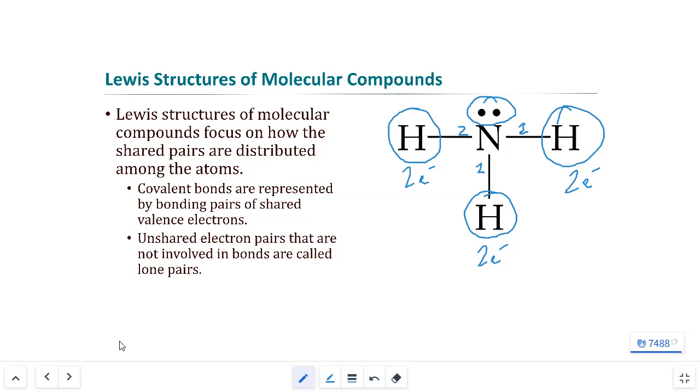Those belong only to the atom that they are attached to, which in this case is nitrogen. So if I add those 2 to nitrogen's group, I now have 2, 4, 6, 8. That's the 8 electrons that the nitrogen needs to fill out its octet.